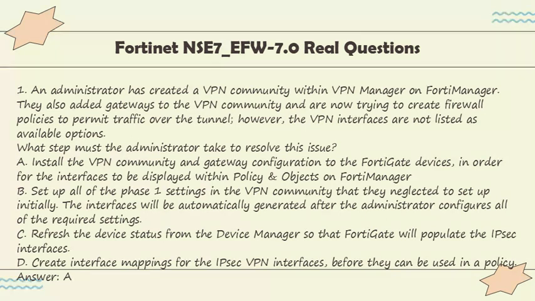C. Refresh the device status from the device manager so that FortiGate will populate the IPsec interfaces. D. Create interface mappings for the IPsec VPN interfaces, before they can be used in a policy. Answer. A.